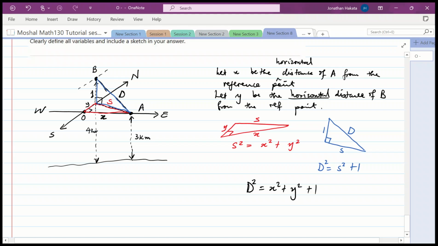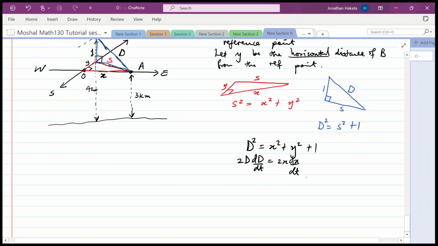And if you are going to do implicit differentiation, you are going to have 2D times dD/dt equal to 2x dx/dt plus 2y dy/dt alone, because the derivative of 1 is a 0.